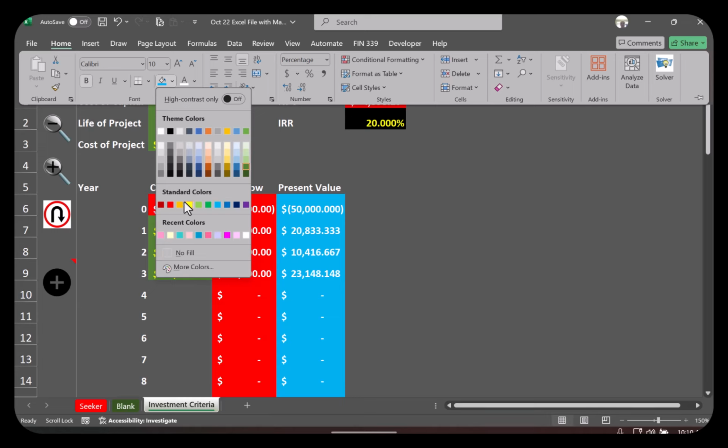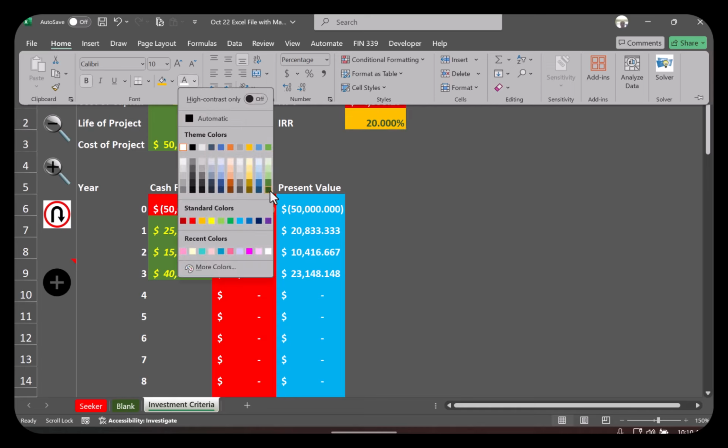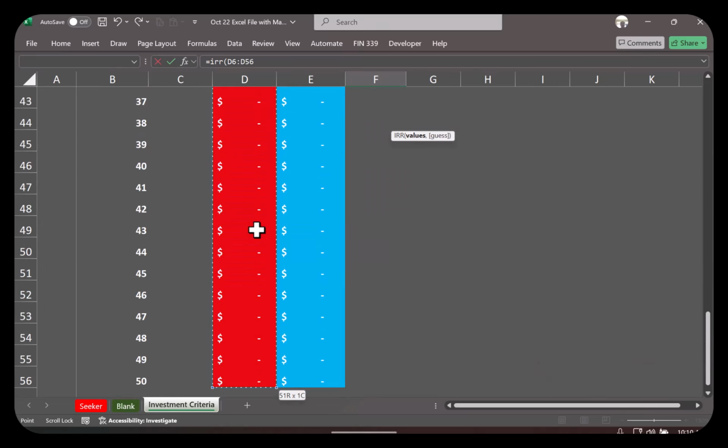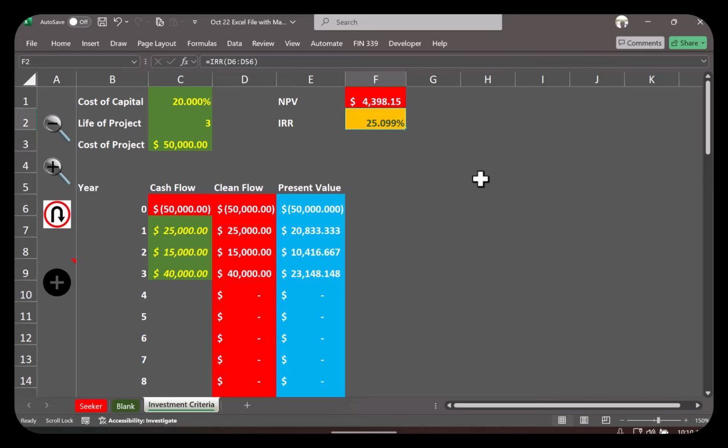I'm going to use IRR, pick all the cash flows. That's it, that's the number, okay?